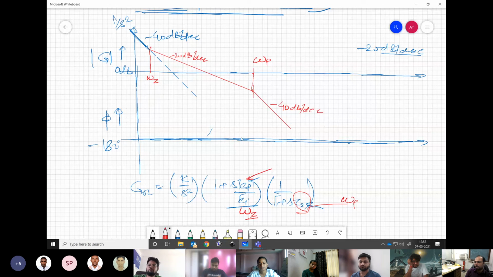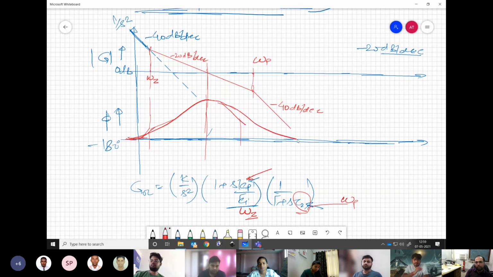slope. Now what will be the impact of this? Your phase, which was minus 180 degree for this slope, minus 40 dB per decade, before you encounter this, it will start improving and it will keep on improving up to what? Before you are going to meet your omega p. So somewhere near the zero crossing of this 0 dB line, this will be maximum and then it will drop and it will go like this.